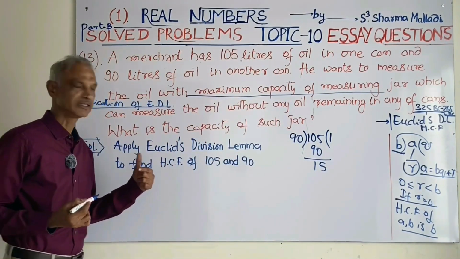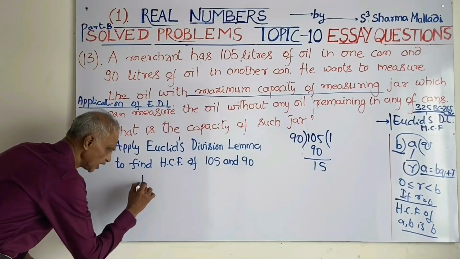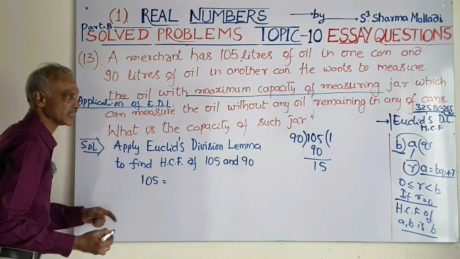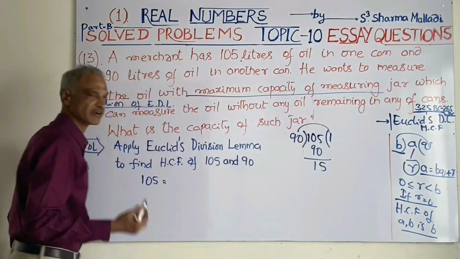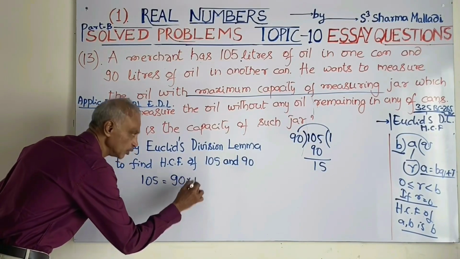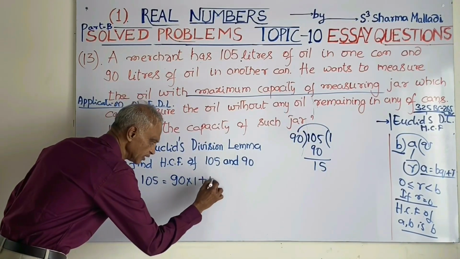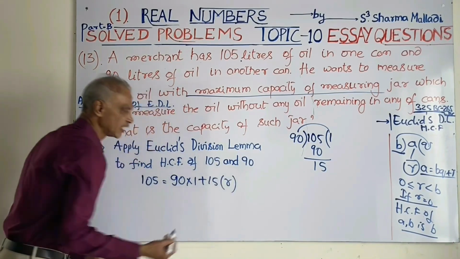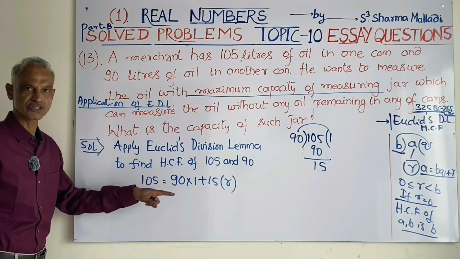You are not getting remainder as 0. 105 can be written as 90 into 1 plus 15, where the quotient is 1 and the remainder is 15.